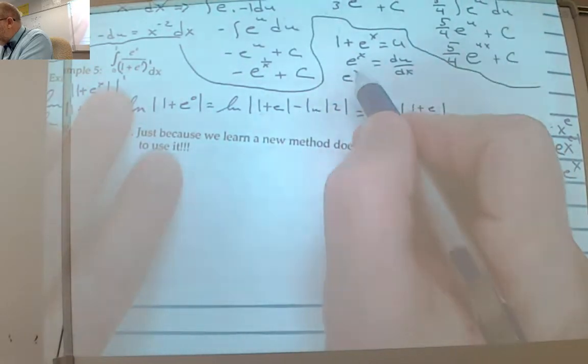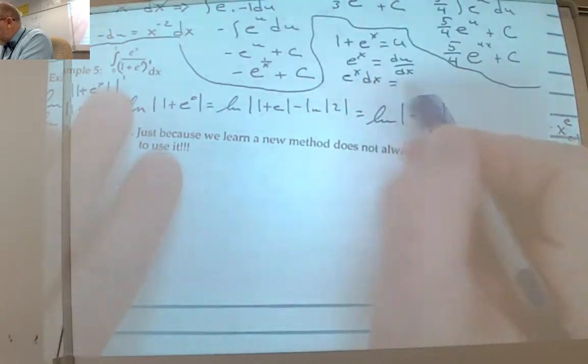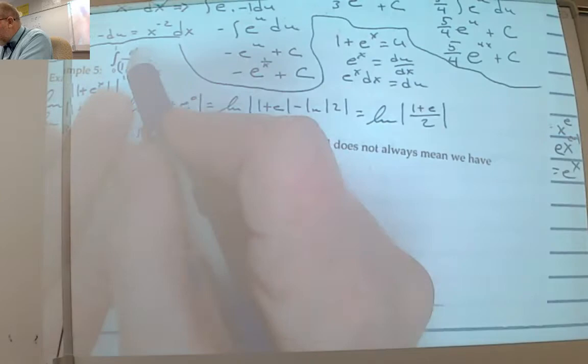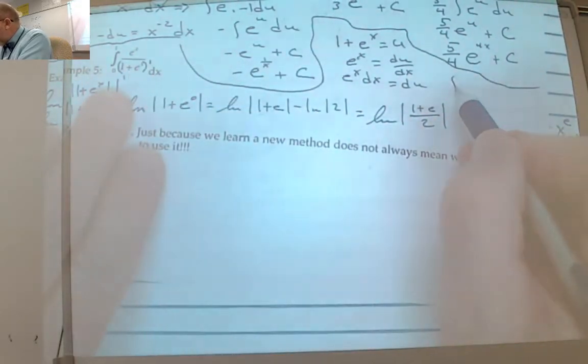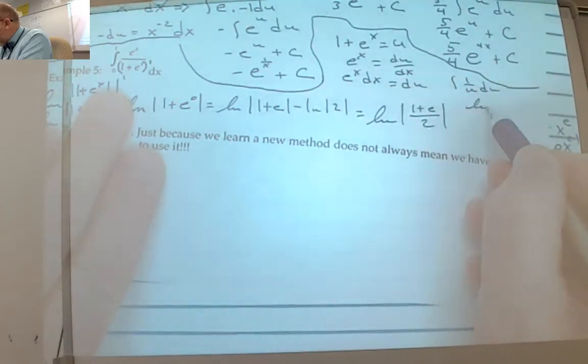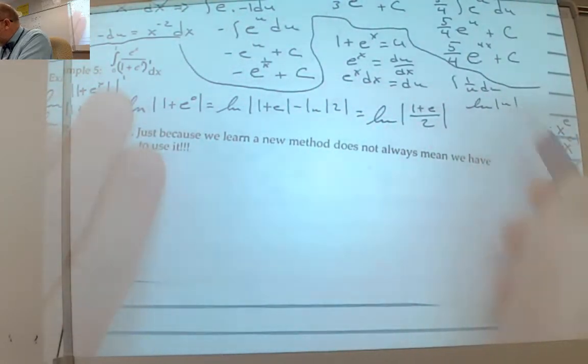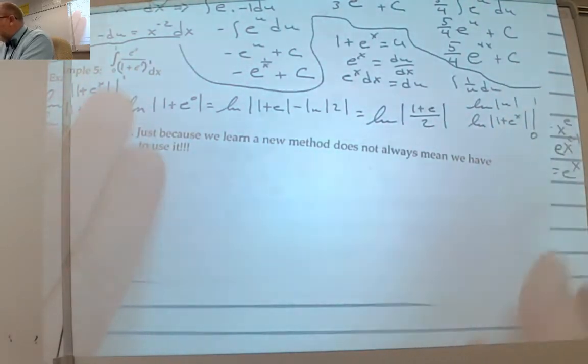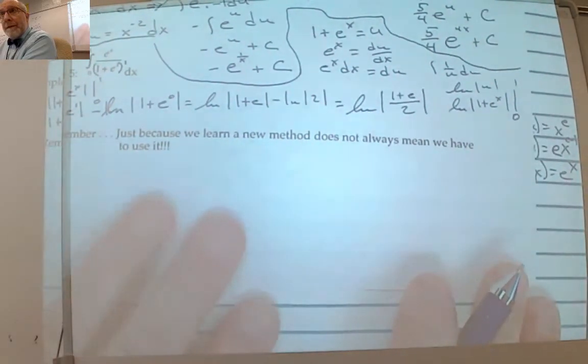E to the x dx is equal to du. So here's e to the x dx right here. So then I would have 1 over u du, which is the natural log of u, which is the natural log of 1 plus e to the x from 0 to 1. I'm back where I started. Okay?